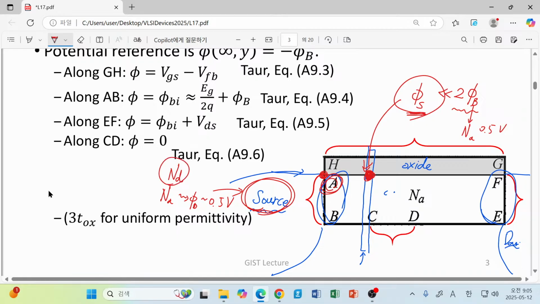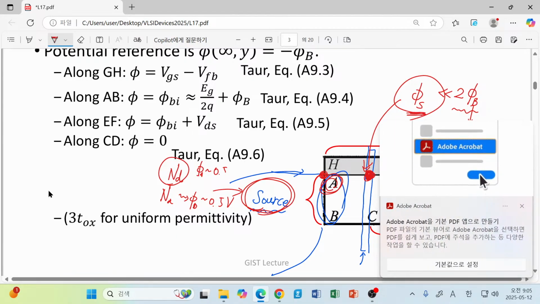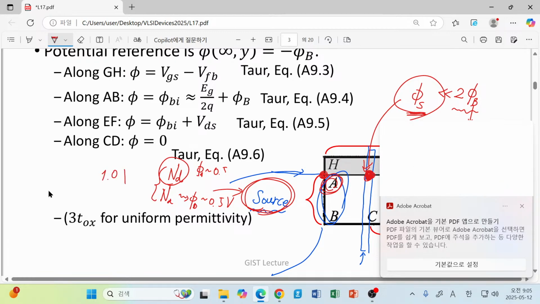For ND, usually we apply a little higher doping density to this N plus region, but the phi at this side would be about 0.5 or slightly higher. The sum of these two numbers gives us once again values around 1.0 volt or slightly higher.